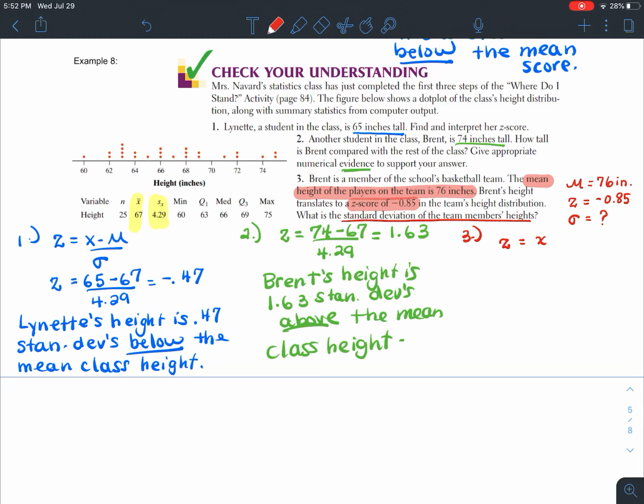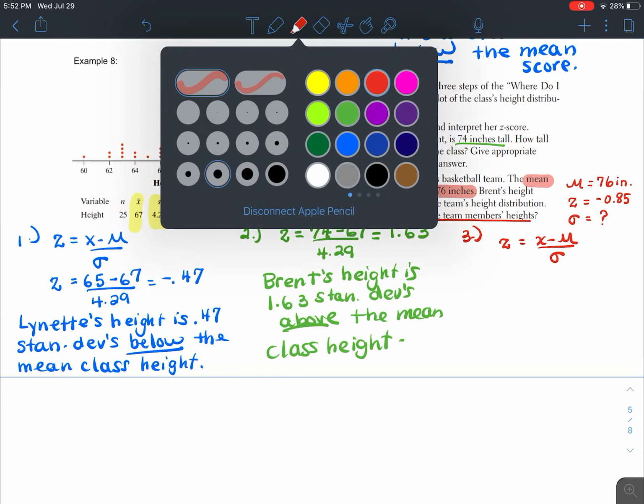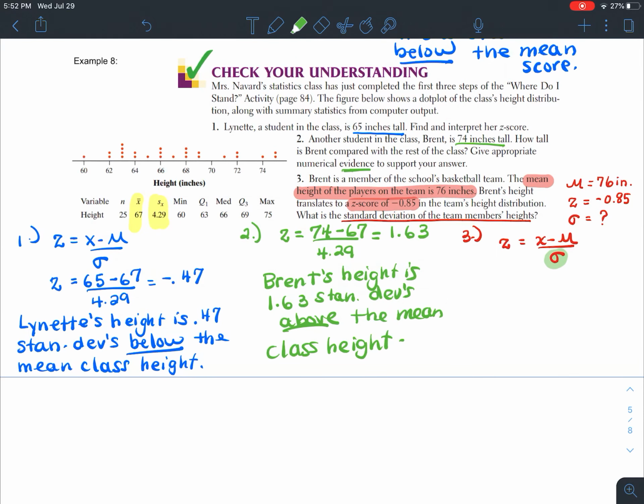Okay, so let's think about this z-score formula here. Okay, it has standard deviation in the formula. So if we can plug numbers in for these three variables here, we should be able to use algebra to work backwards, okay? His z-score when he's compared to the team is negative 0.85. His height, I'm coming back up to number 2 to get this, is 74.